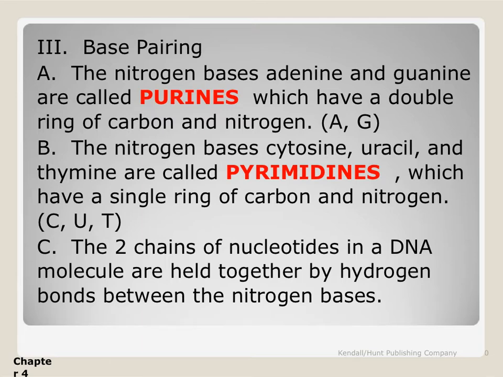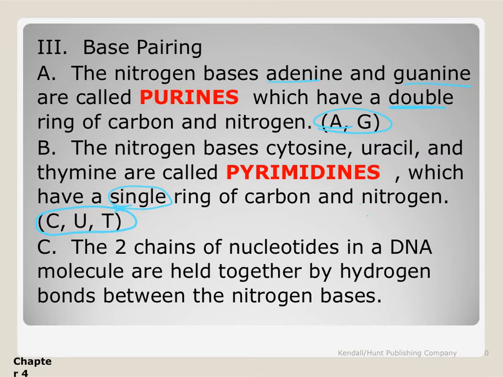Your purines are A and G, adenine and guanine. They're purines because they have a double ring of carbon and nitrogen. Your pyrimidines are C, U, and T: cytosine, uracil, and thymine. They're pyrimidines because they have a single ring of carbon and nitrogen.